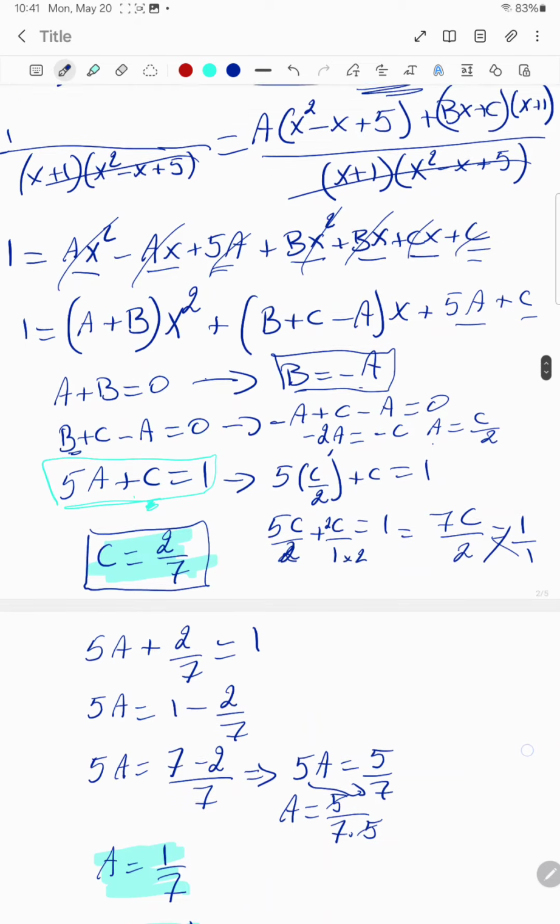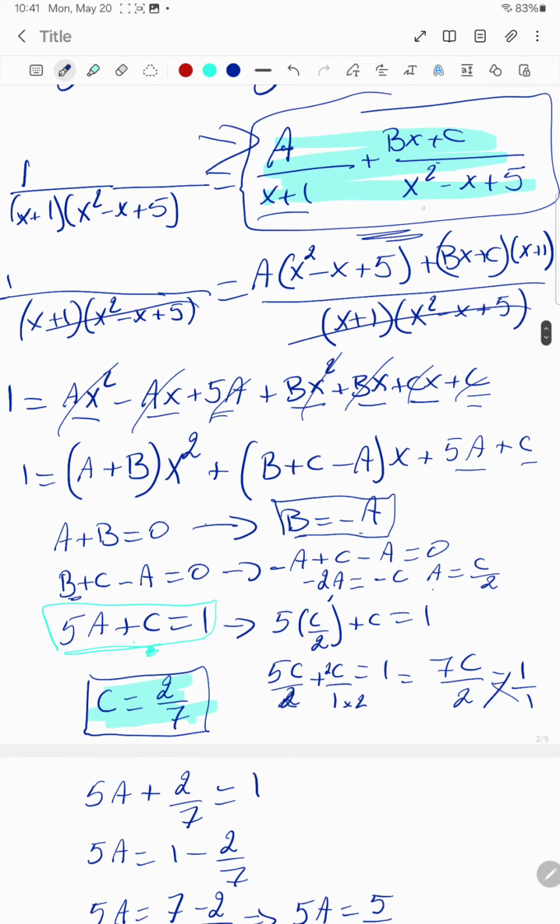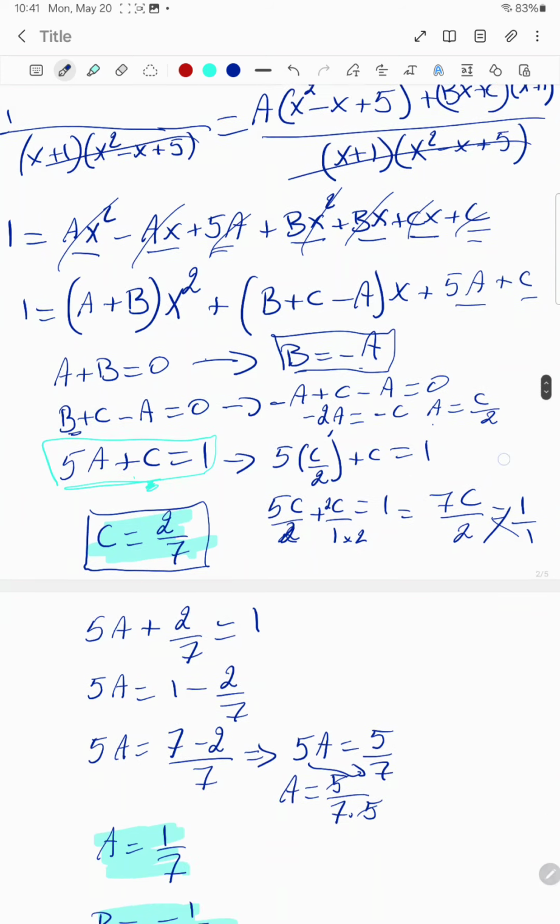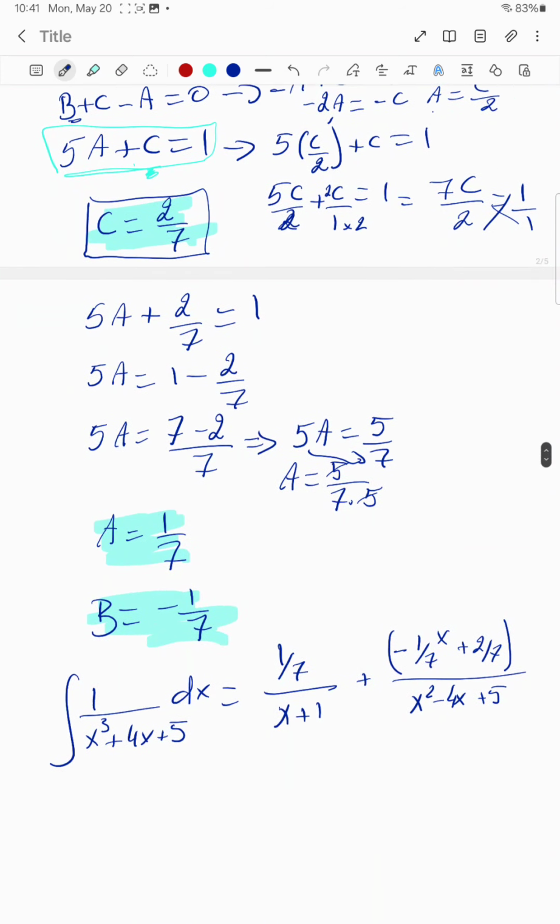Let's make sure. Divided by x squared minus x plus 5. Sorry.